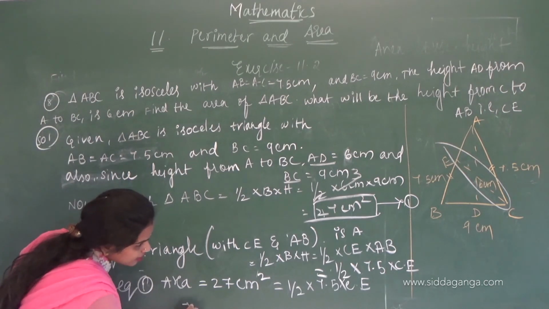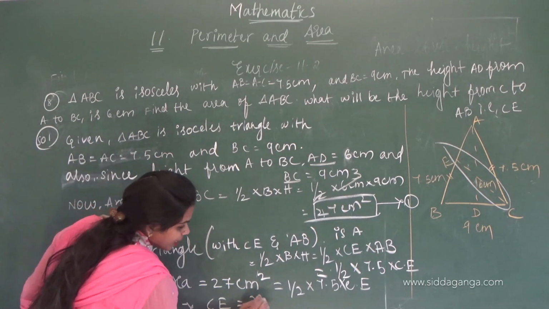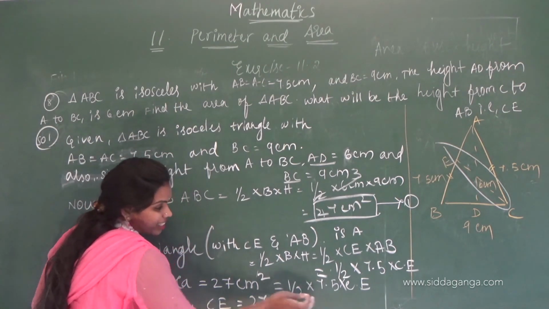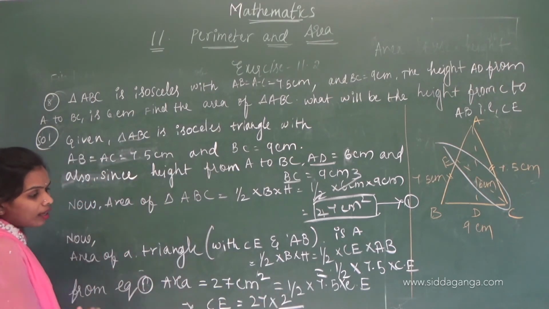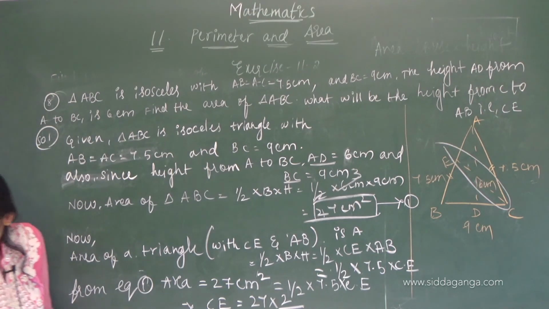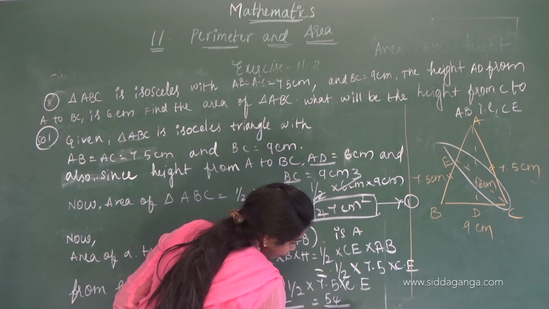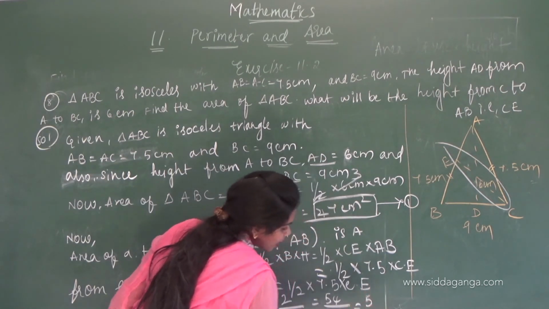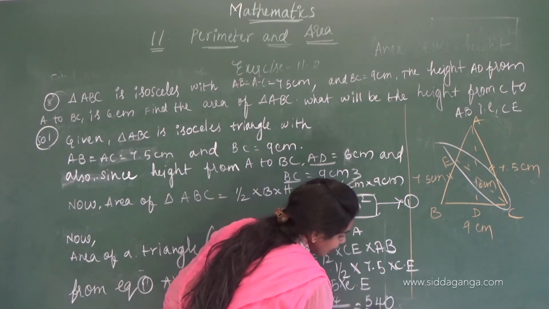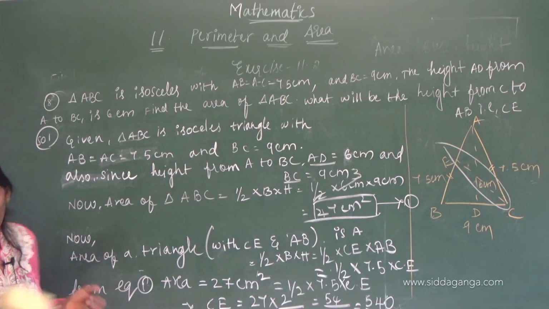That implies CE equals to 27 into 2 by 7.5. I am taking LHS like that. Okay children, 27 into 2, 54, divided by 7.5. 54 by 7.5 can be written as 540 divided by 75.